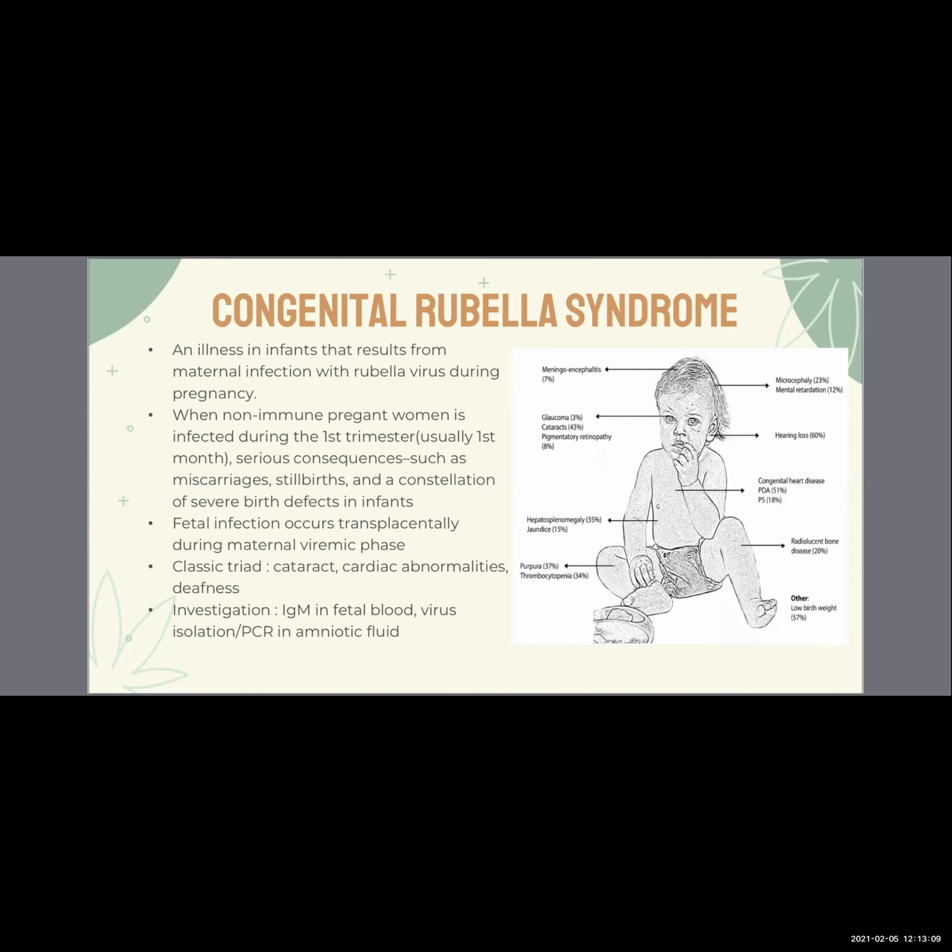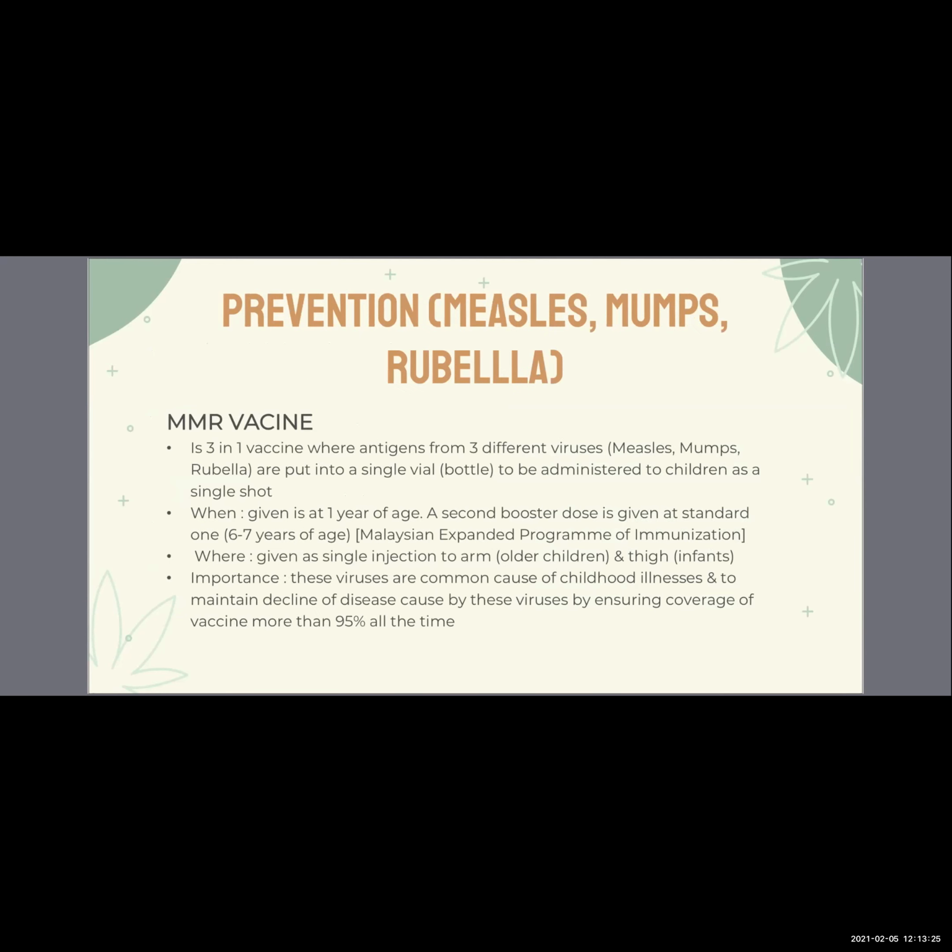We can investigate by assessing IgM in fetal blood and also virus isolation or PCR in amniotic fluid. Lastly, prevention, which I will explain regarding the MMR vaccine. Basically, the MMR vaccine is a 3-in-1 vaccine.